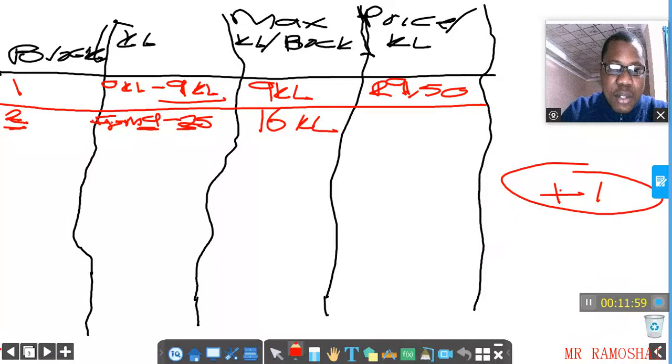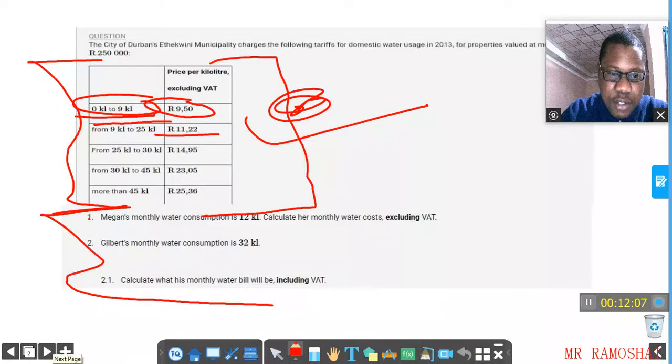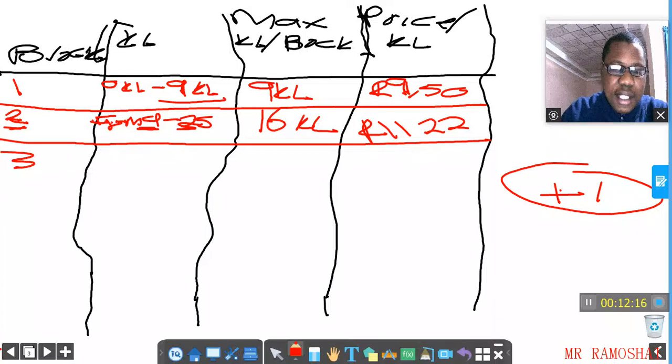All right. Right, now let's go to block number 3. The price per kiloliter is 11.22, right? Then block number 3, what does it say?